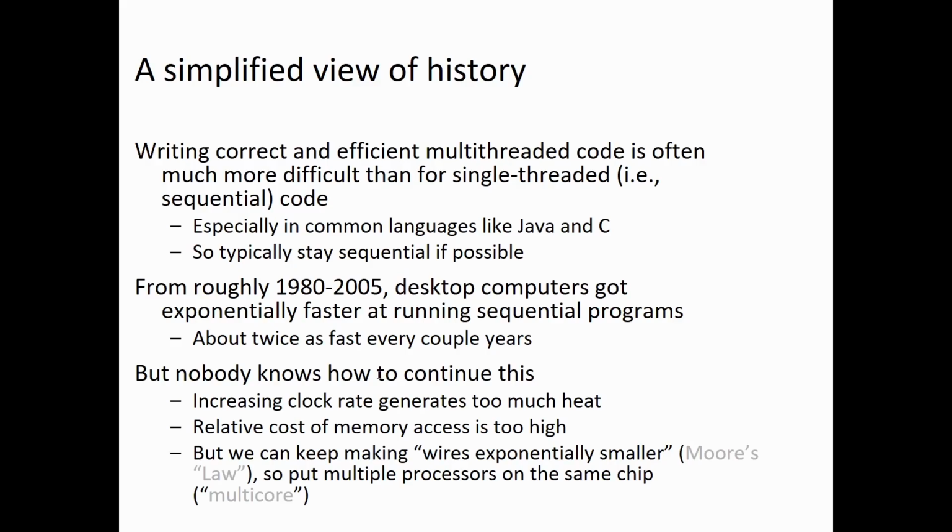Also the cost of memory access becomes higher, because if the processor is faster, the CPU clock is faster, so the memory has to be faster, okay? So what was the solution? To still have that idea of having more computational power each year, okay?